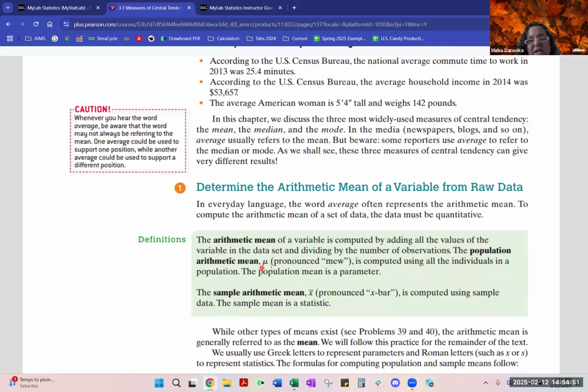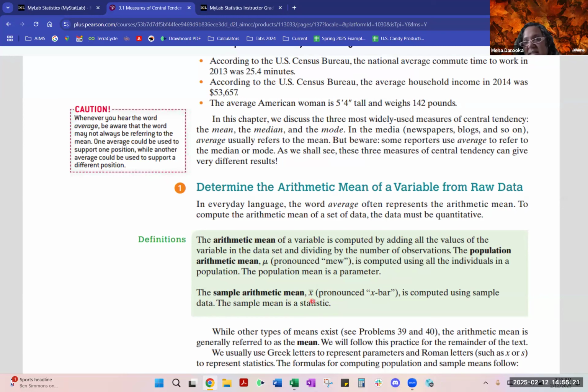When we're talking about the population arithmetic mean, we are talking about mu, the letter mu, used when you are calculating the arithmetic mean for the population. Remember, for terminology's sake from chapter 1, the population mean is what we call a parameter.